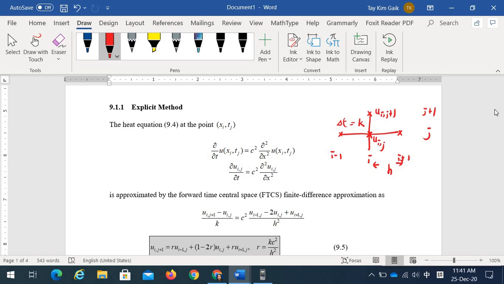So, equals c squared. This was the second derivative, and we differentiate with respect to x.